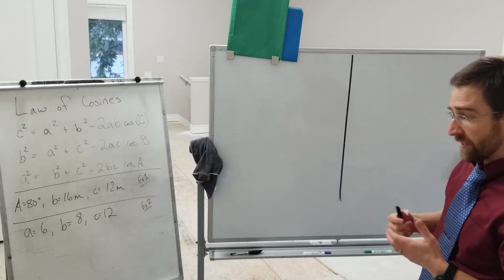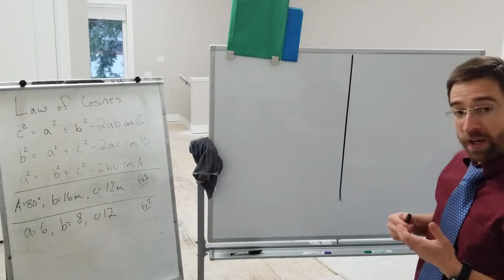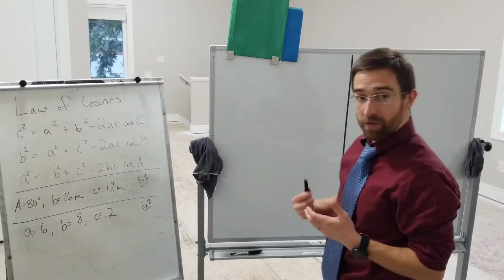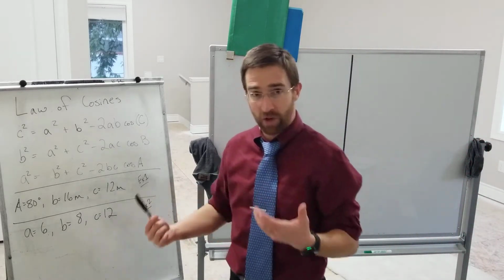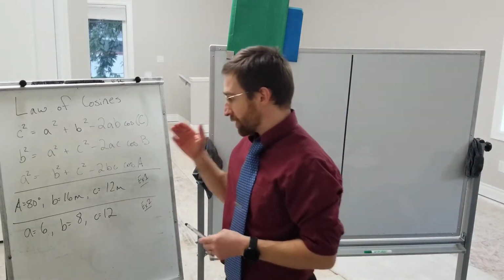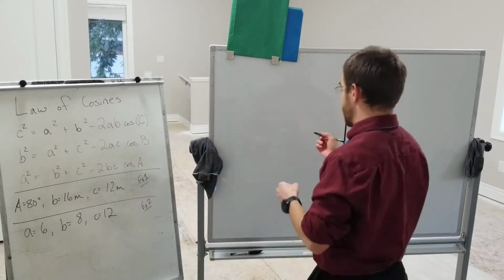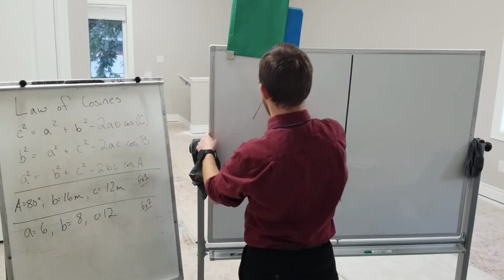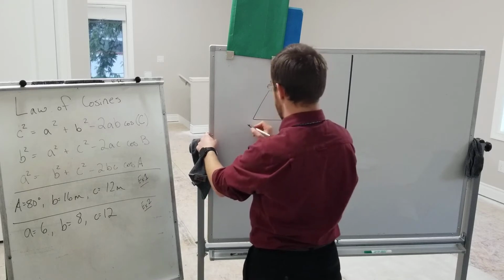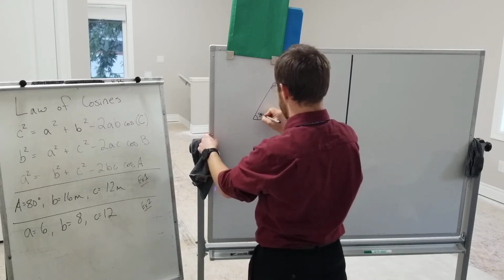So let's go ahead and do example one, where we have one angle and two sides, and we're going to solve this triangle. Both these examples, we're going to solve the triangle. So we've got angle A is 80 degrees, so almost straight up and down.